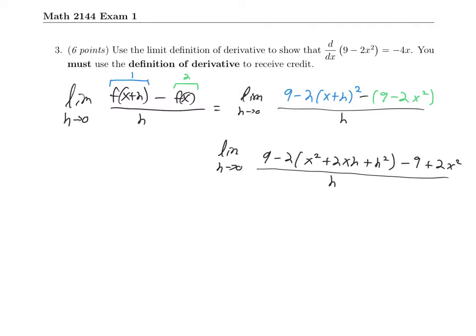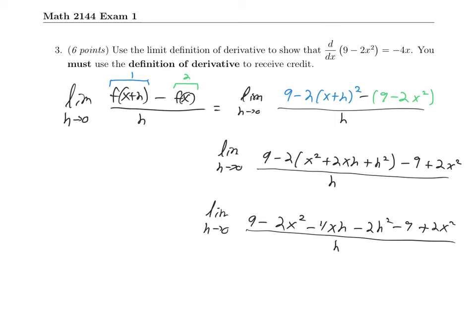The next thing I can do is distribute that 2 onto that very long polynomial. We should get the limit as h approaches 0 of 9 minus 2x squared, and the negative stays on that too, so it turns into negative 4xh minus 2h squared minus 9 plus 2x squared, and we're all over the h still.